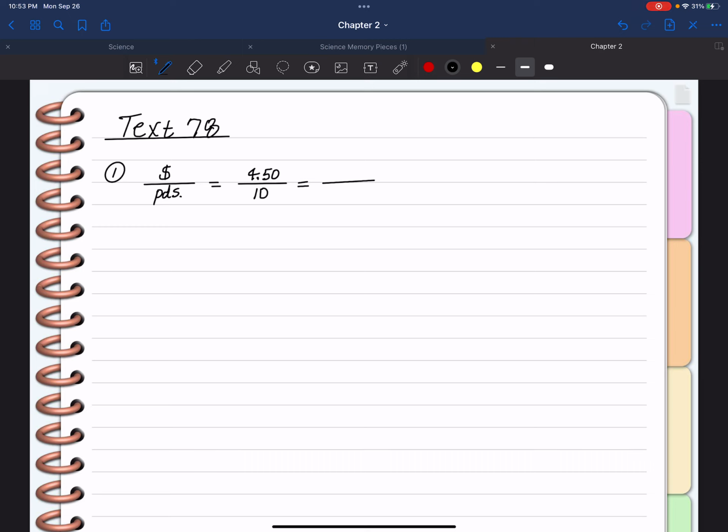And we want to know the price of 1 pound. So you can write it or draw the peanut if you want. I'm just going to do $4.50 divided by 10, and that's 45 cents for 1 pound. So I like answer D for this one. And I will check these at the end.